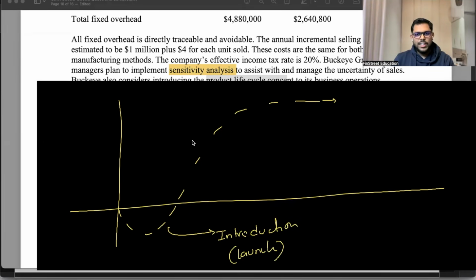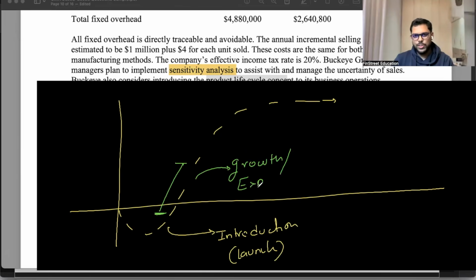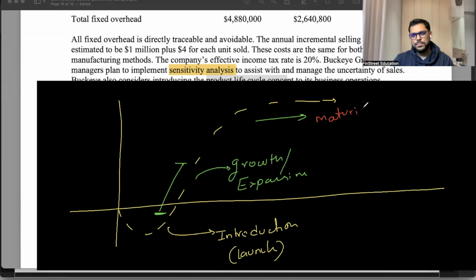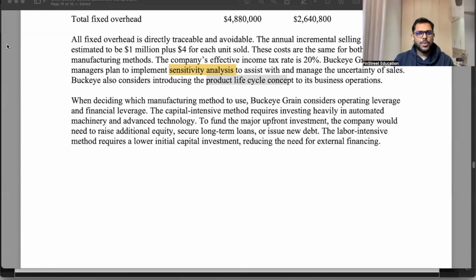Good. ये वाला stage कौन सा है? Growth. Correct. We have growth or expansion. And ये वाला stage कौन सा है? Maturity. Good. And maybe this can be followed up by decline. Okay, so good. This is our product life cycle.